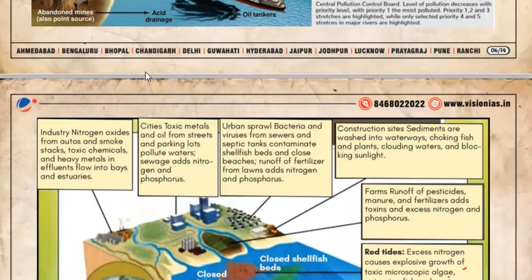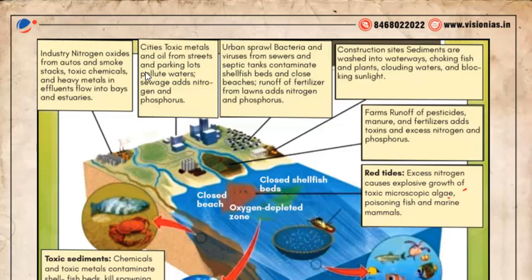Coming to the next page, there are some terms given here. We have to just look into it. Industry: nitrogen oxides from autos and smokestacks, toxic chemicals and heavy metals in effluent flow into bays and estuaries. Cities: toxic metals and oil from the streets and parking lots pollute water.